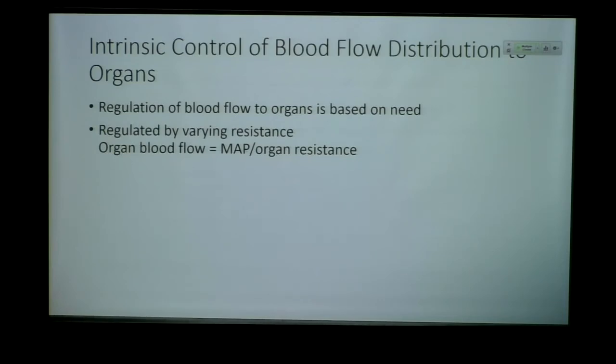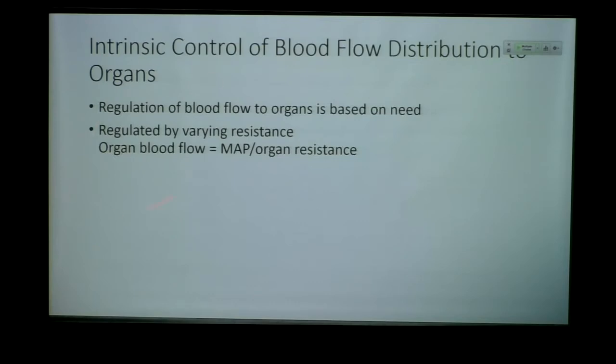Now, we can regulate this again by looking at our general equation. So don't forget this original equation. We talked about bulk flow being equal to pressure gradient divided by resistance. We also talked about cardiac output being equal to mean arterial pressure divided by total peripheral resistance. And here we're seeing the very same relationship, the very same equation, just in a different way.